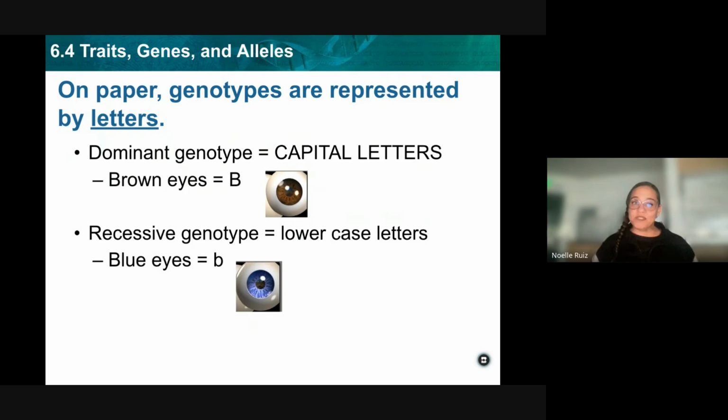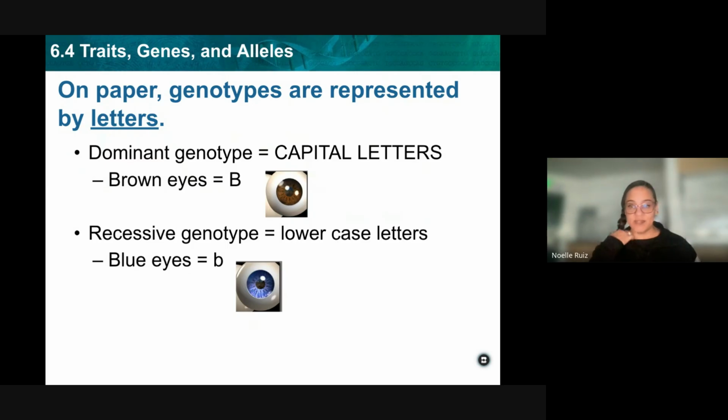So on paper, genotypes are represented by letters. The dominant genotype is represented by capital letters. So if we're talking about a brown-eyed allele, we are using a capital B. The recessive genotype is represented by lowercase letters. So the blue-eyed allele would be represented by a lowercase b.